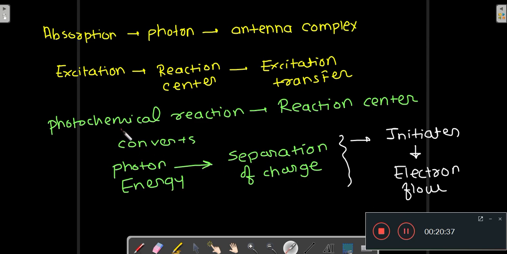When the photochemical reaction happens in the reaction center, it converts the photon energy into the separation of charge, and this separation of charge initiates the electron flow. So by the photochemical reaction you are using the photon energy to initiate the electron flow.